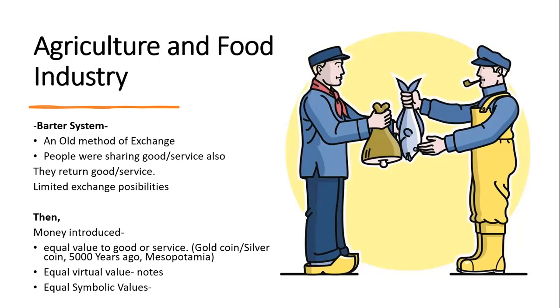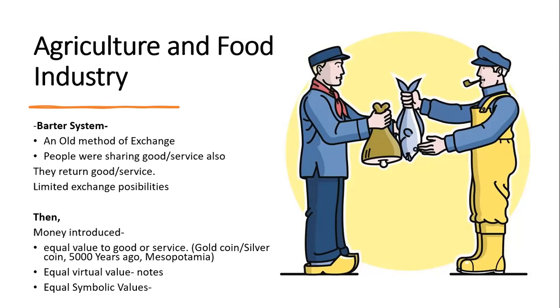According to the history data, money came to the market about 5,000 years ago, according to Mesopotamian history. In the early stage, we shared equal value for the good or service. That is why gold coins and silver coins came to the markets. We share the equal values, right?